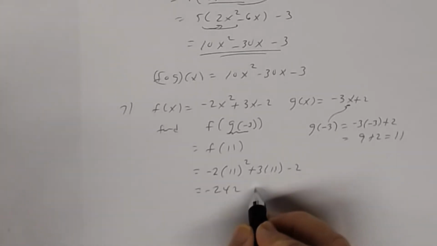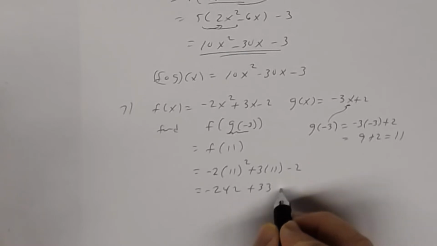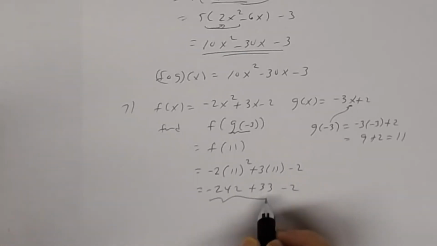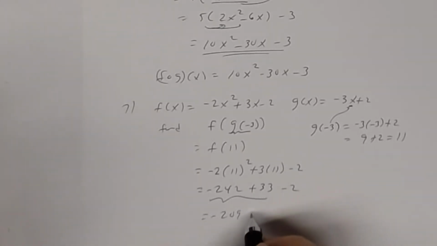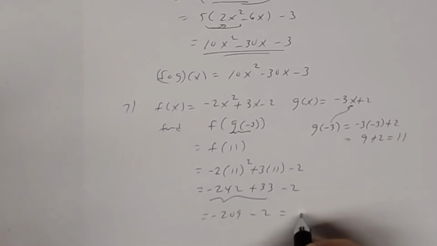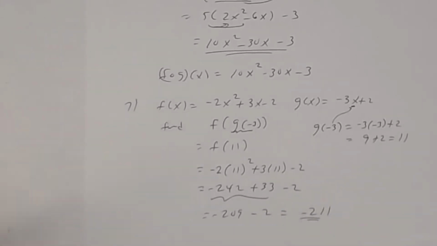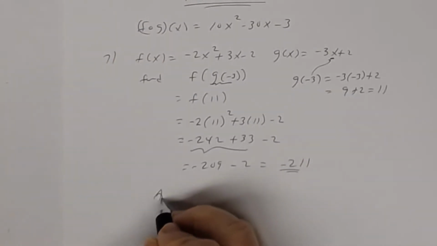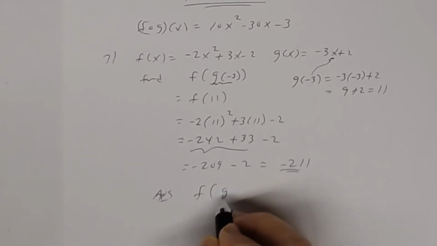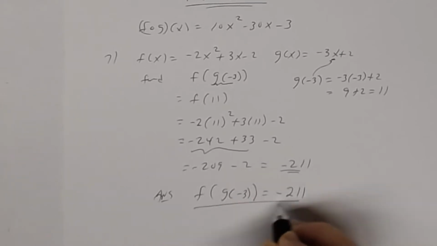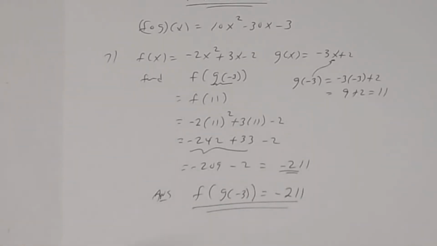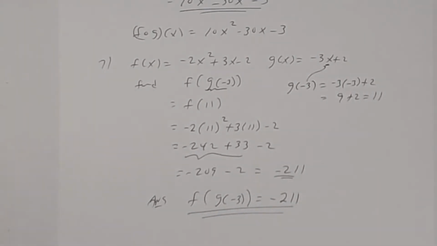Then 3 times 11 is 33, and then minus 2. So negative 242 plus 33 is negative 209. Negative 209 minus 2 is negative 211. So therefore, the answer: f of g of negative 3 is equal to negative 211. So that's number 7.